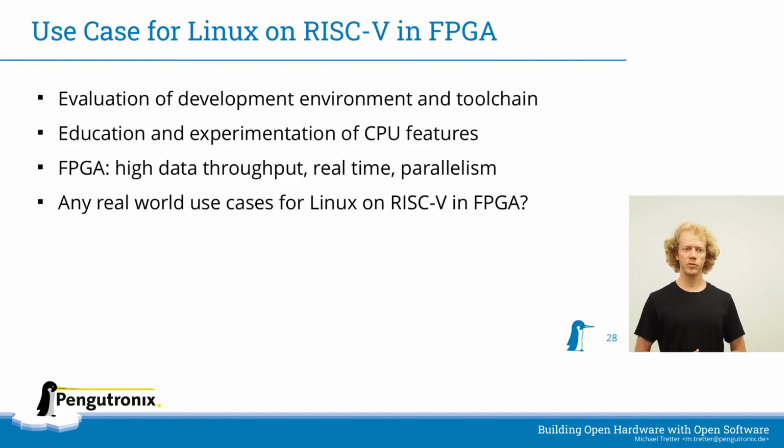By using a CPU in an FPGA to run Linux, we basically void all these advantages. In the end, if your use case wants Linux on a real CPU, why not just buy actual silicon? Having a CPU with Linux in an FPGA is cool, but if you have any real-world use cases for a CPU in an FPGA, I would really like to hear from you.